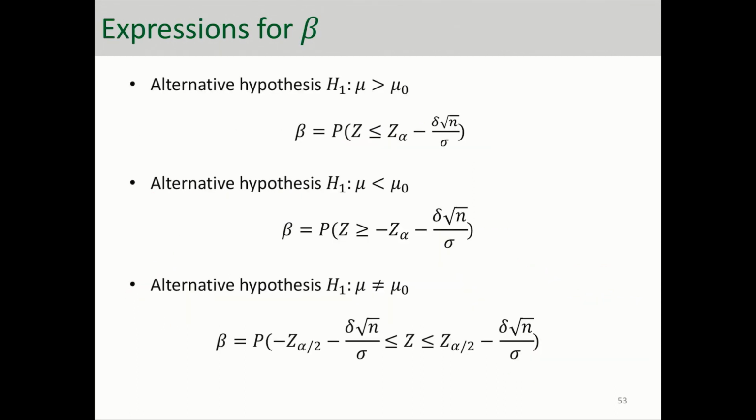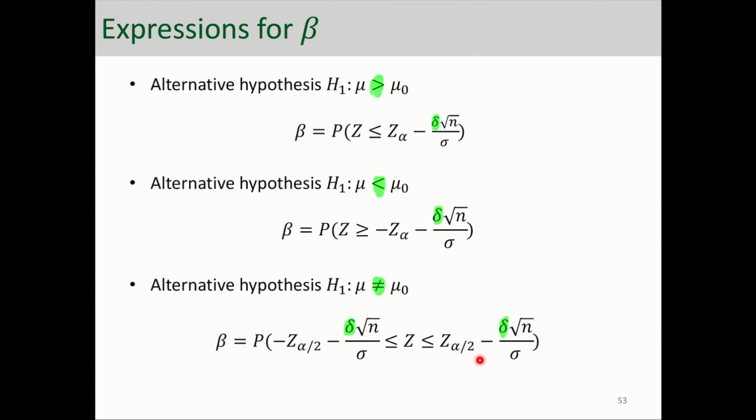Here's how we calculate beta. It depends on what type of test we're looking at, one-sided of more than or less than, or two-sided. These are formulas to calculate beta. And in all those formulas, you see that it really depends on the value of delta. All the other parameters you're familiar with.